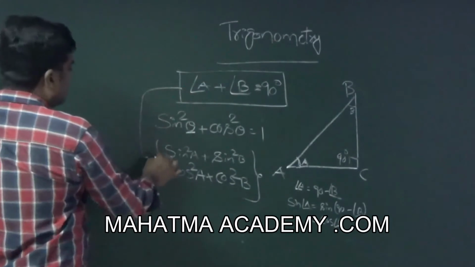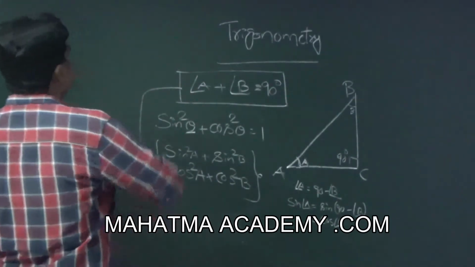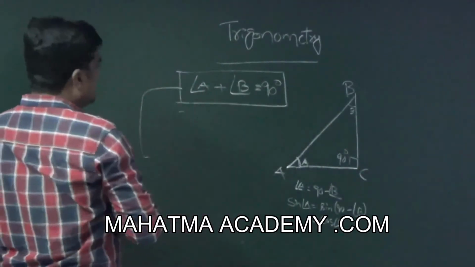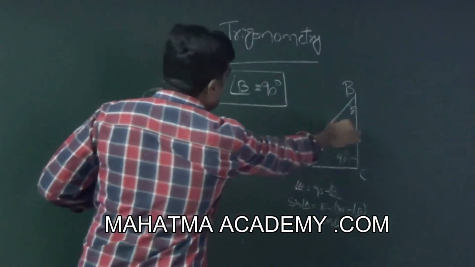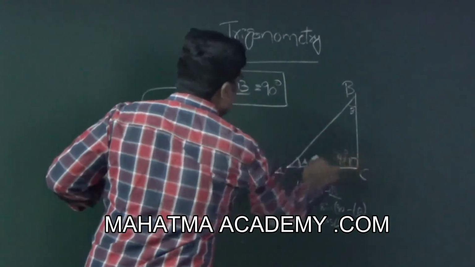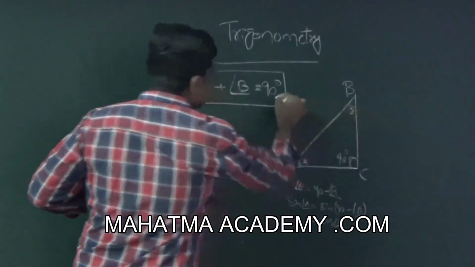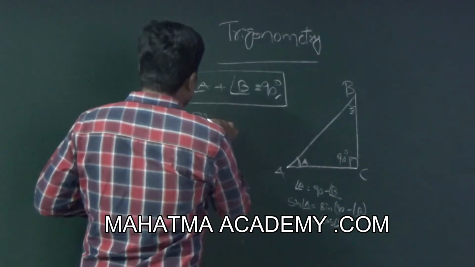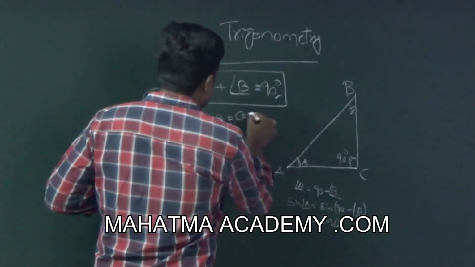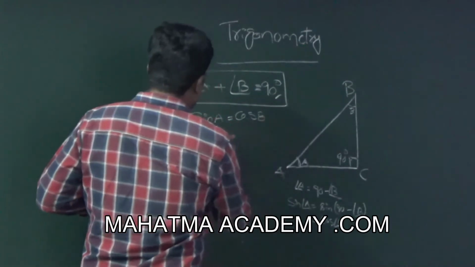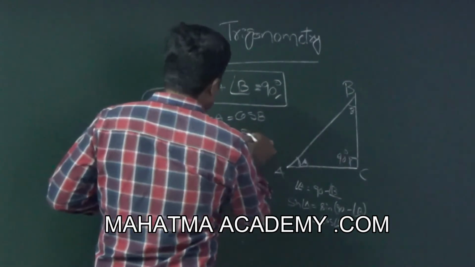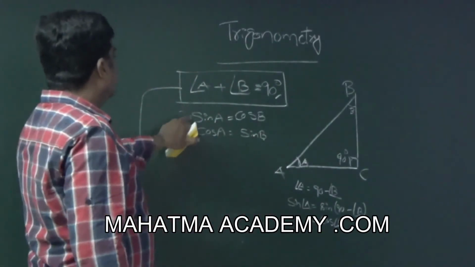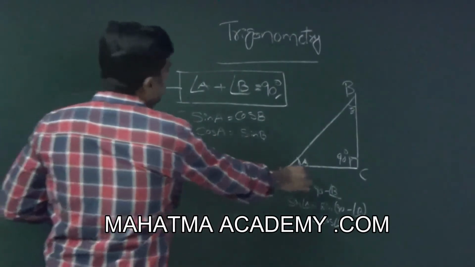Now, what about the value of sin square A plus sin square B if A plus B equal to 90? In a right angle triangle, one angle is the right angle and the sum of the remaining angles is 90 degrees. So sin A equal to cos B, or cos A equal to sin B. These are the basic formulas from this right angle triangle.